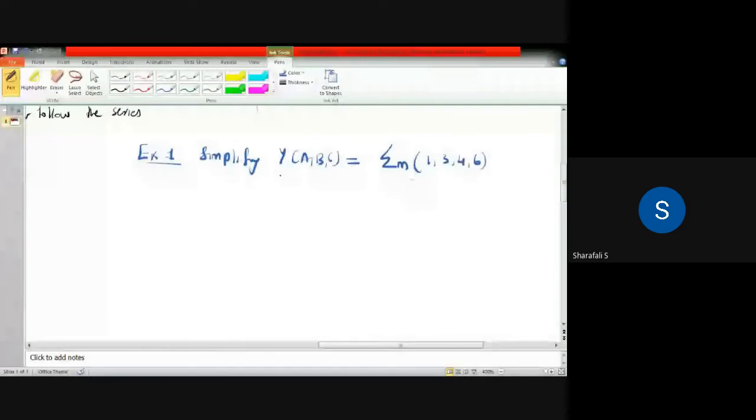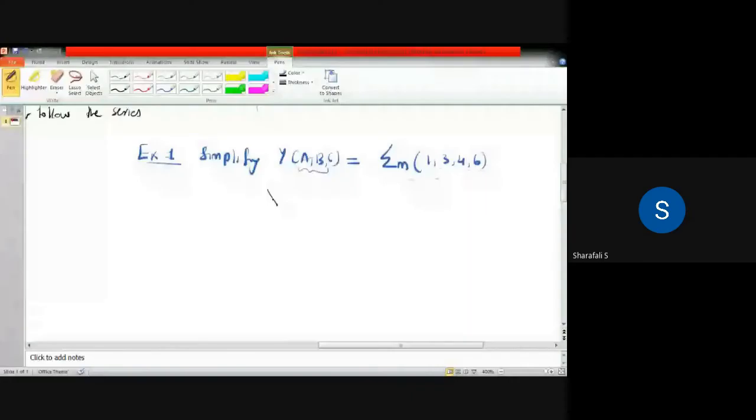So you have to understand that you are having A, B, C here, which means that you need a 3 variable K-map. So these are the minterms 1, 3, 4, 6. Now if you draw that 3 variable K-map, what is it?